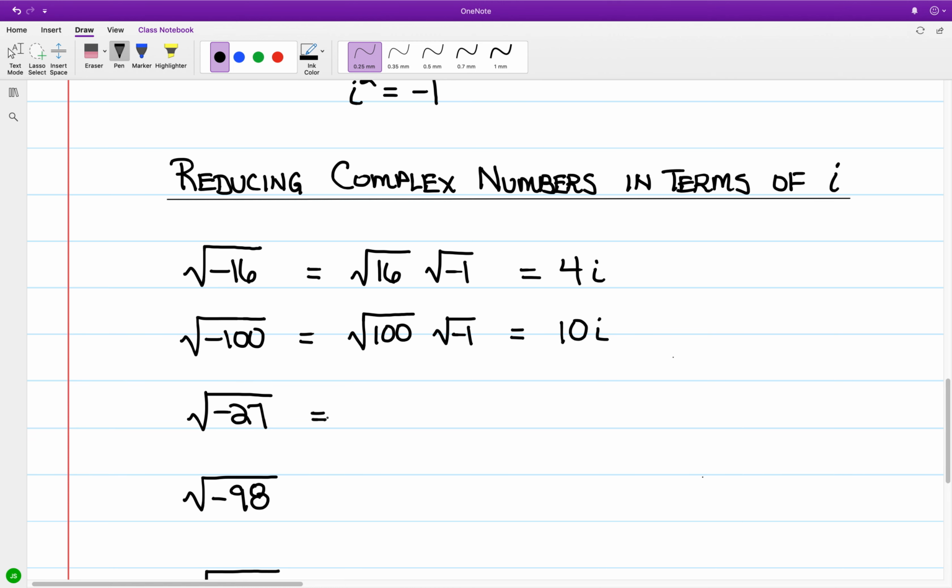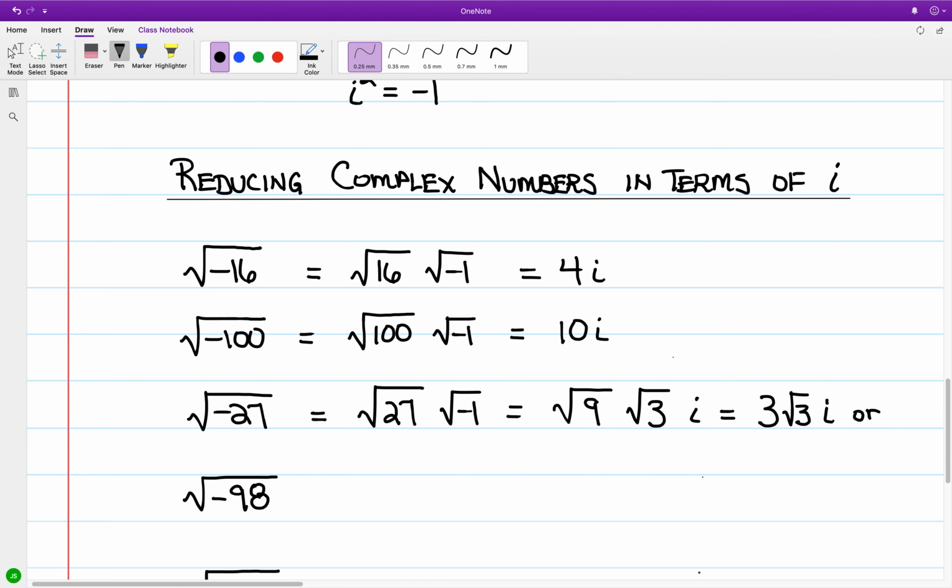Now, for the square root of -27, 27 is not a perfect square, but it is nonetheless a value that can be reduced in the square root. The square root of 27 is reducible to the square root of 9 times the square root of 3, and the square root of -1 becomes i. As a reduced radical, we have 3 times the square root of 3 times i.